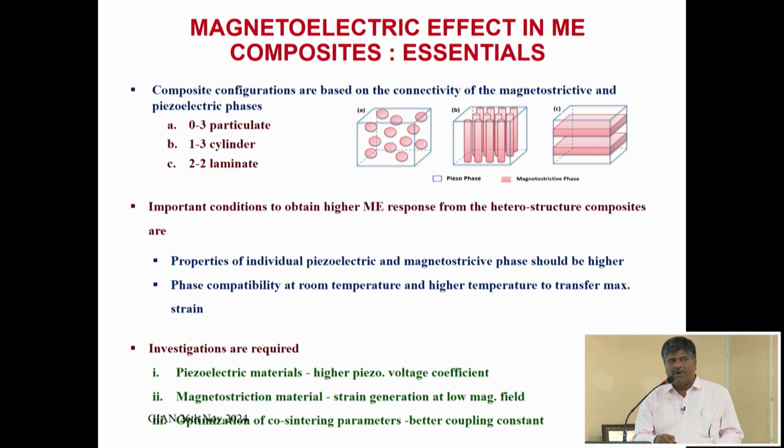And one more important thing: I just said that the output of phase 1 acts as the input to phase 2, but while transferring the output of phase 1 to phase 2, there are some losses, and sometimes these losses are very significant. Even though the signal is generated as an output of phase 1, it is not getting transferred to phase 2, and some special efforts are required to transfer the signal generated from one phase to the other phase. Okay.